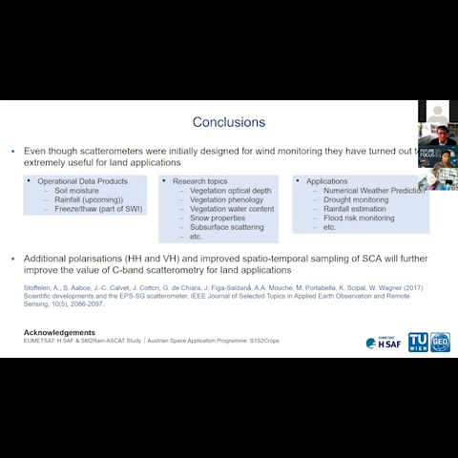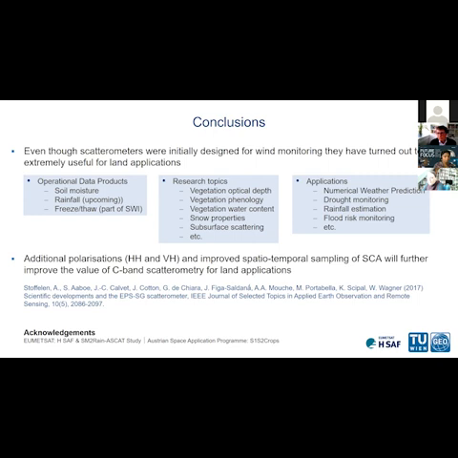As I mentioned, the soil moisture is an operational data product. Rainfall is upcoming soon within the HSAF. We have freeze-thaw, part of the Copernicus land service, but it could also become an operational data product. And there's research going on to have things like vegetation content, snow properties.